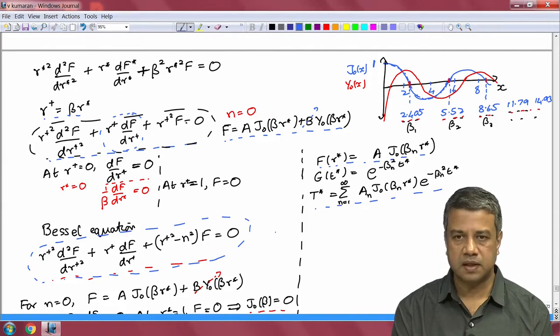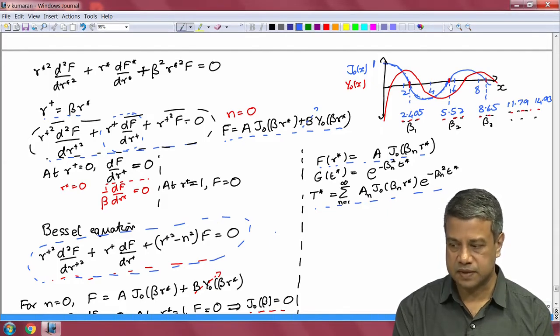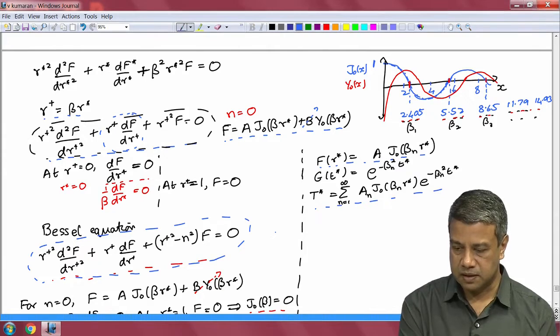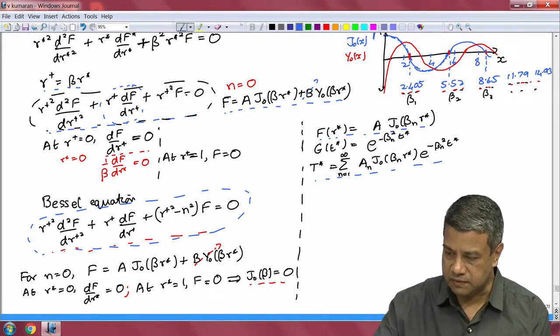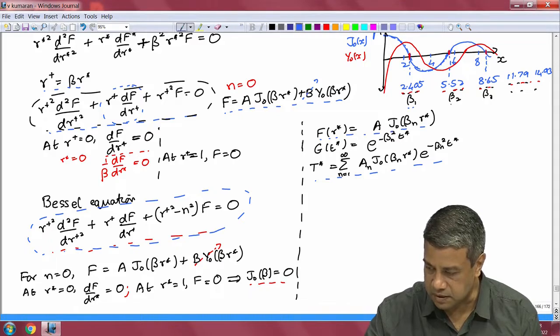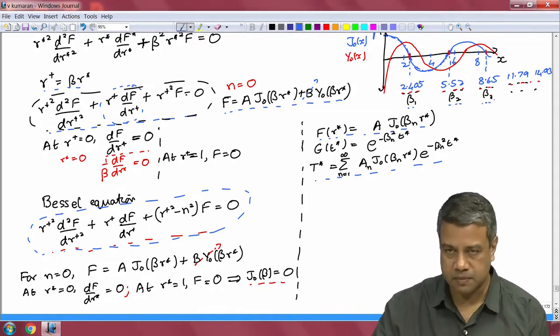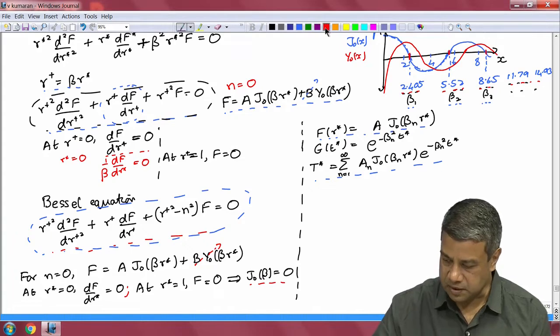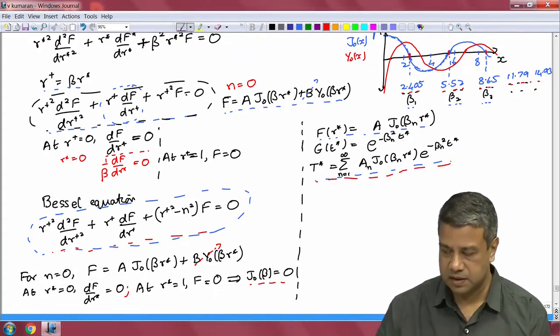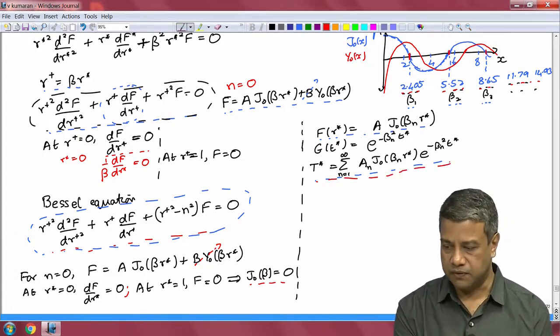From the boundary condition that the temperature has to be 0 at the surface at r star equal to 1, we were able to identify discrete values of the constant beta that emerged from the separation of variables. Then we got the temperature in the form of a series, and the coefficients.